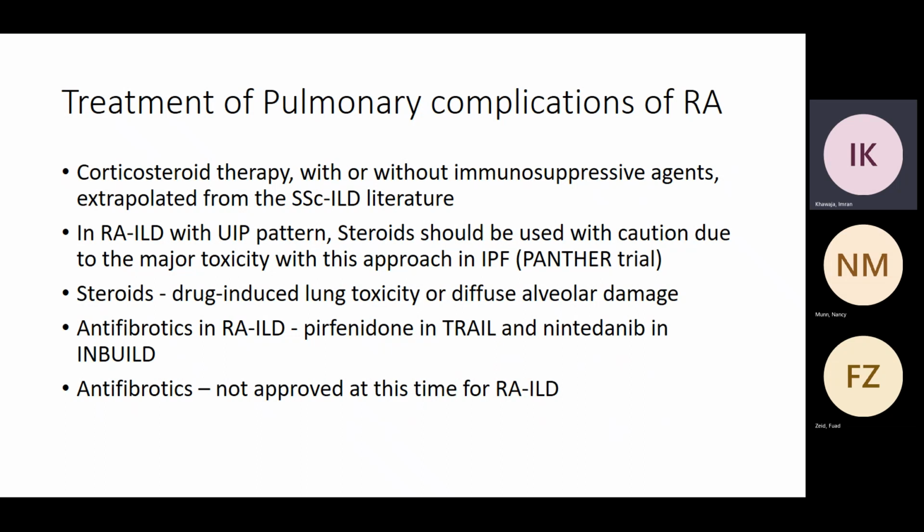We still don't know, but people just extrapolate if you have RA-ILD based on your imaging or your biopsy, which you shouldn't do if you have consistent imaging with UIP, along with a solid diagnosis of rheumatoid arthritis, that you're dealing with UIP due to rheumatoid arthritis. So there's still some recommendation that if you're going to extrapolate from that study, it's better to avoid using the steroid in UIP pattern that's associated with rheumatoid arthritis.